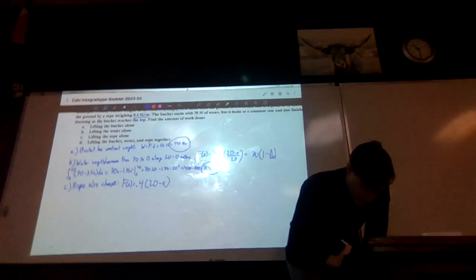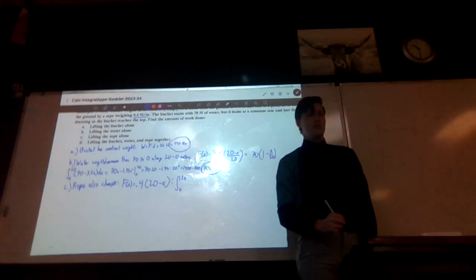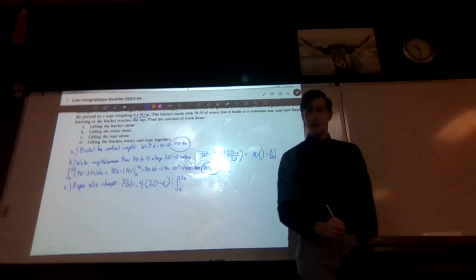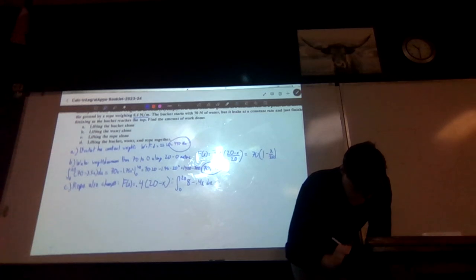So we do the same thing now. The integral from 0 to 20 of 0.4 times 20, which is 2/5 times 20, is 8. So 8 minus 0.4x dx, which equals, who can answer this for me?